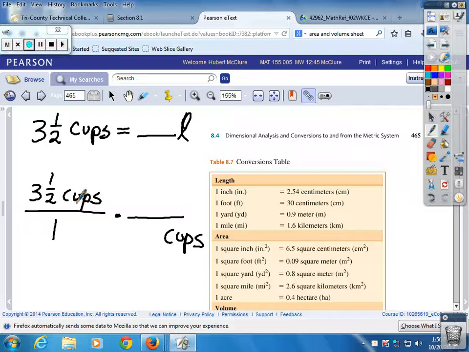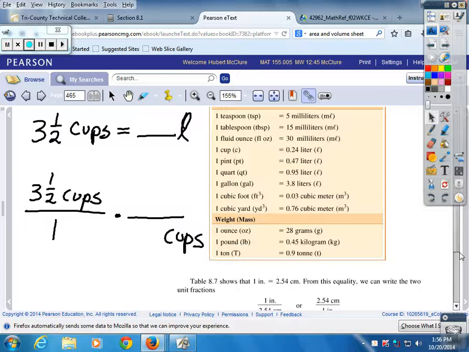It's capacity. So you go down to capacity and look for cups to metric. Now notice I didn't say liters because it may not have a cups to liters. Do we have a cup to liters? Yes, we do.